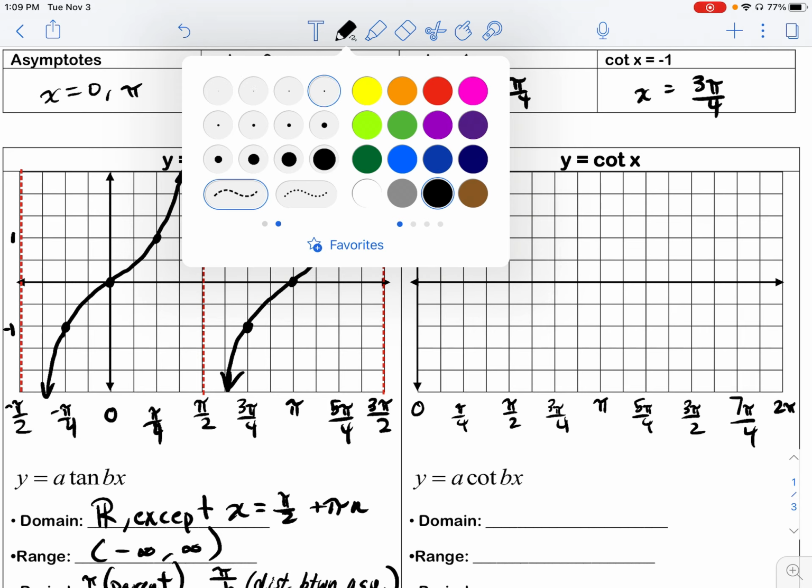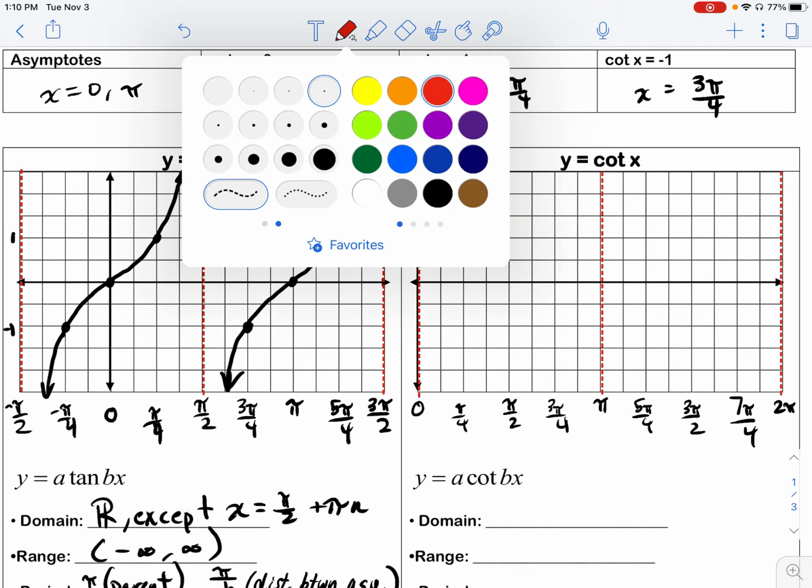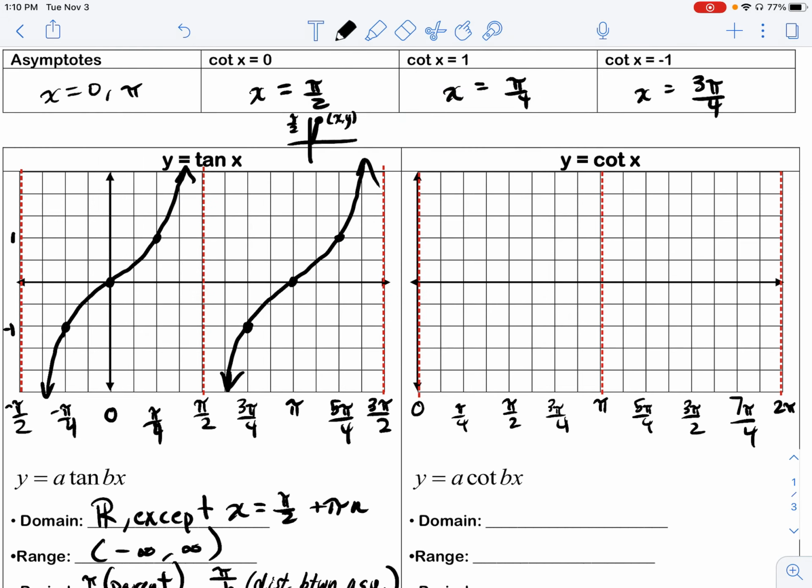So I'm going to go ahead and do this. There's 0. There's me at pi radians. There's me at 2 pi radians. Now we're ready to graph our graph for cotangent. So for cotangent, at pi over 4, referring to our table here, we hit, oh, I should have my y-axis labeled. There we go, -1 and 1.